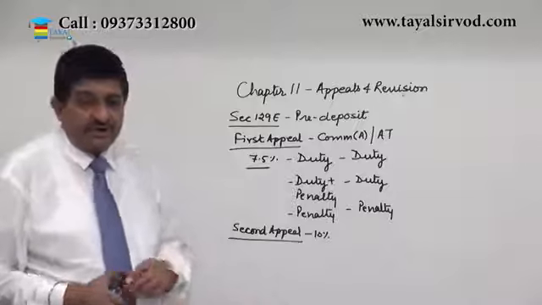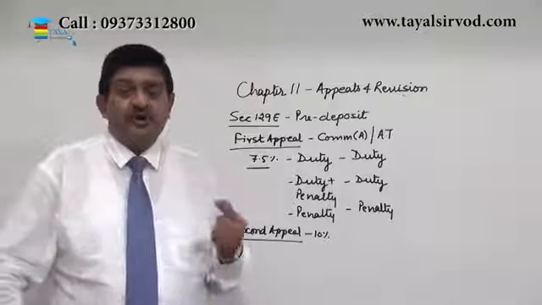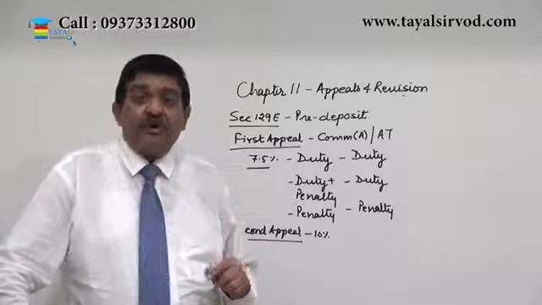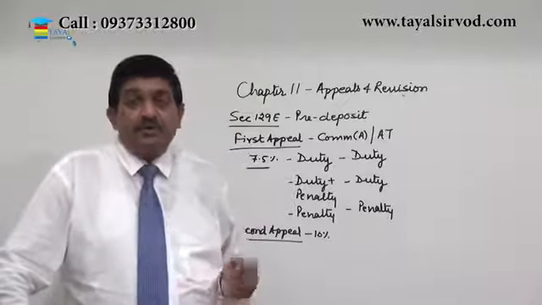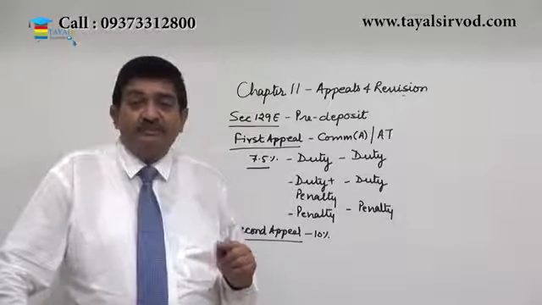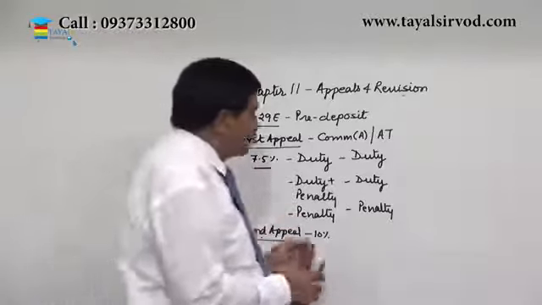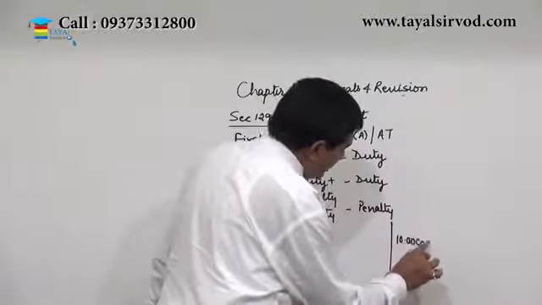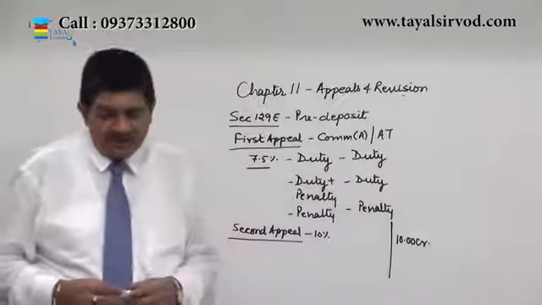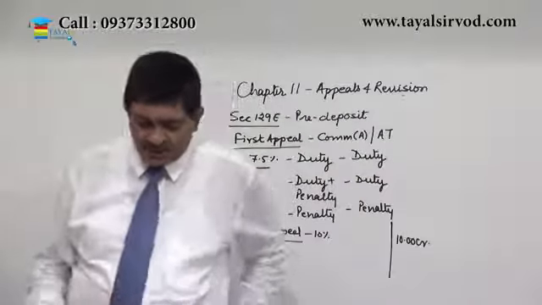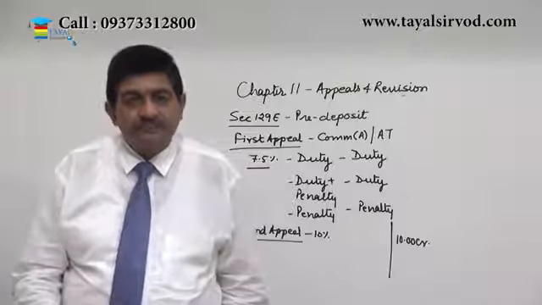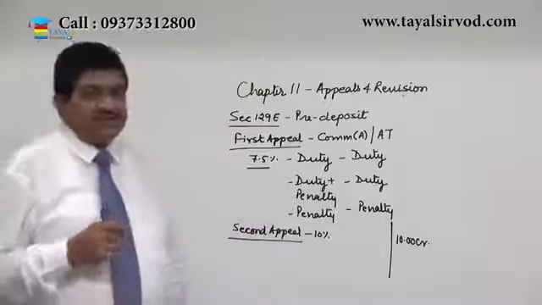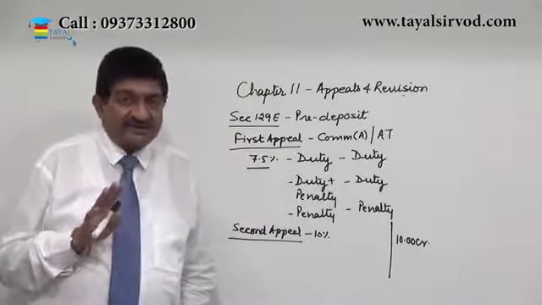So if there is a question in relation to duty, then 10% of the duty. If it is duty plus penalty, then 10% of the duty. If it is a question only of penalty, then 10% of the penalty. But subject to a maximum of rupees 10 crores. This will not be exceeding 10 crores. Right?